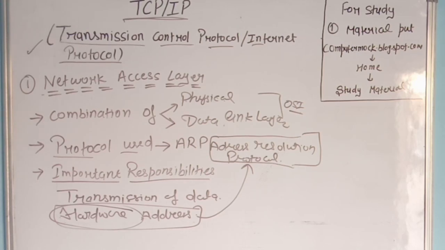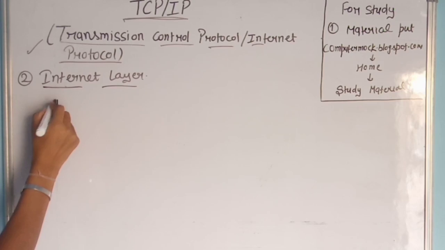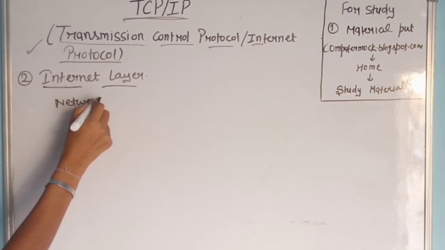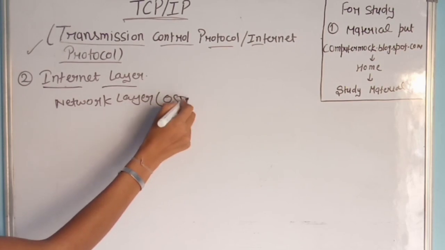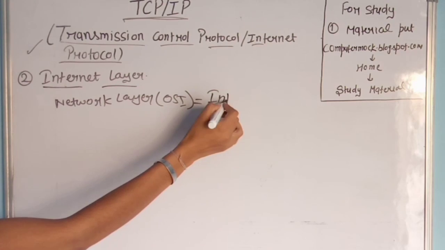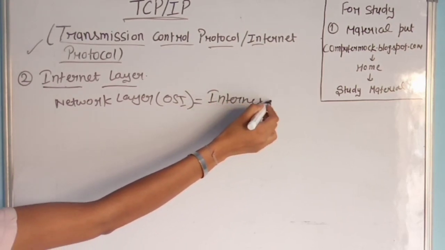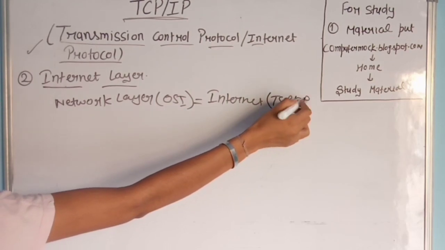Now we will discuss the second layer of the TCP/IP model. The second layer is the internet layer, and the network layer of the OSI model is equal to the internet layer of TCP/IP.